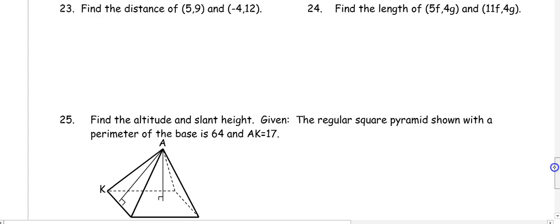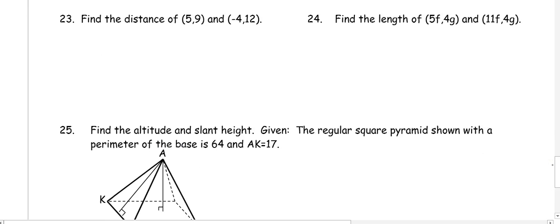In 23, we need to find the distance. So remember that the distance formula is the square root of x2 minus x1 squared plus y2 minus y1 squared. So we would have our x1, y1, x2, y2.